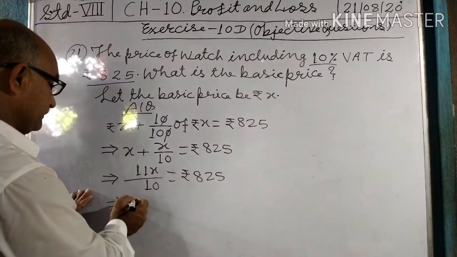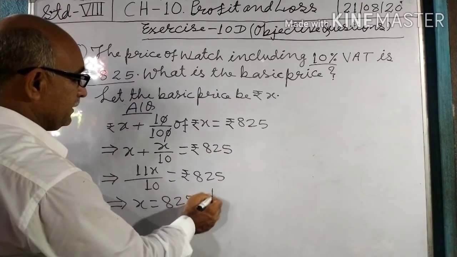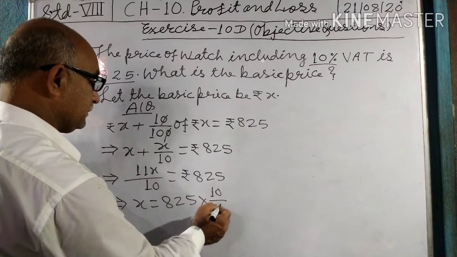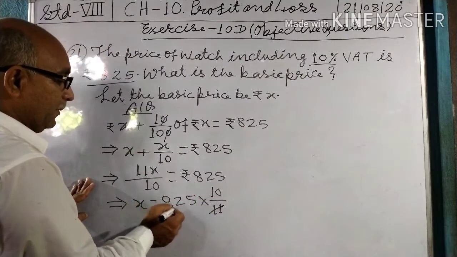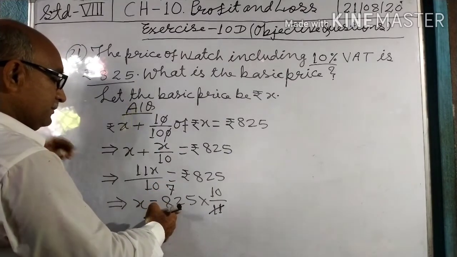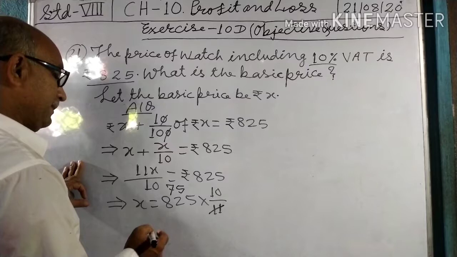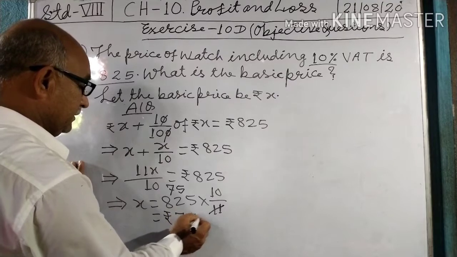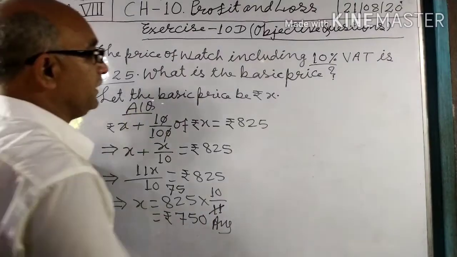That implies x equal to 825 into 10 by 11. 825 divided by 11: 11 times 7 is 77, 77 plus 5, 82, so 75. 75 into 10 equal to rupees 750. Answer rupees 750.